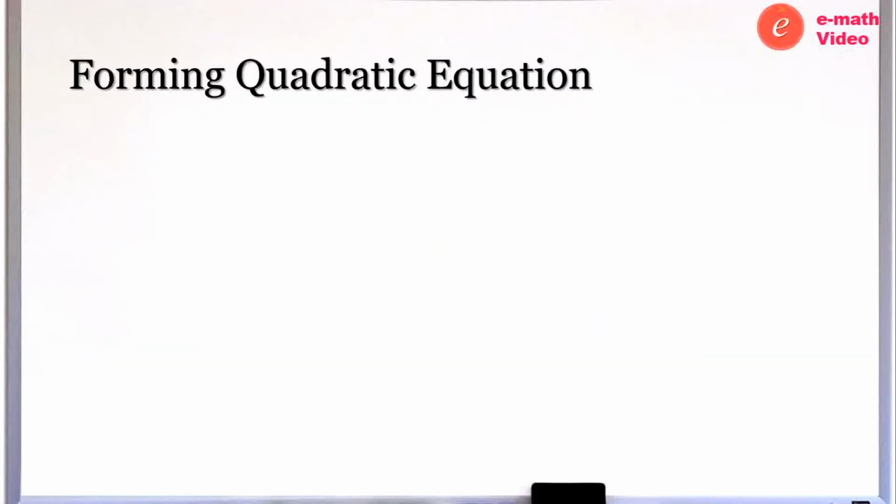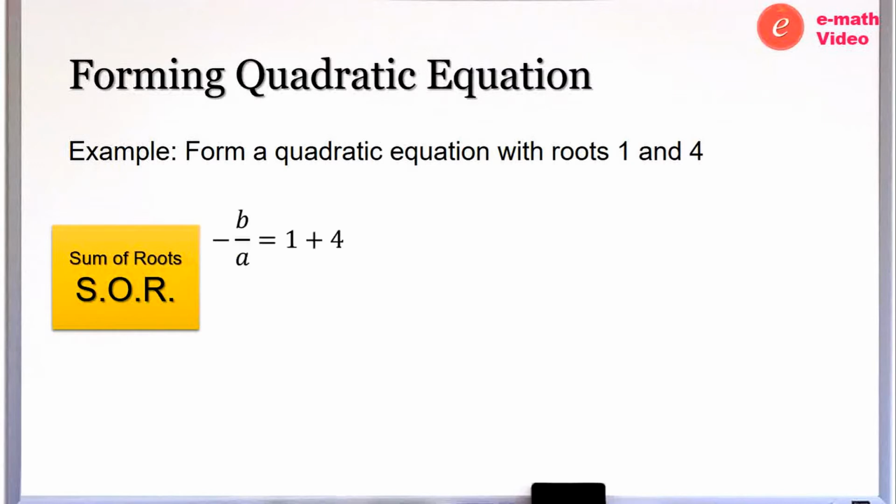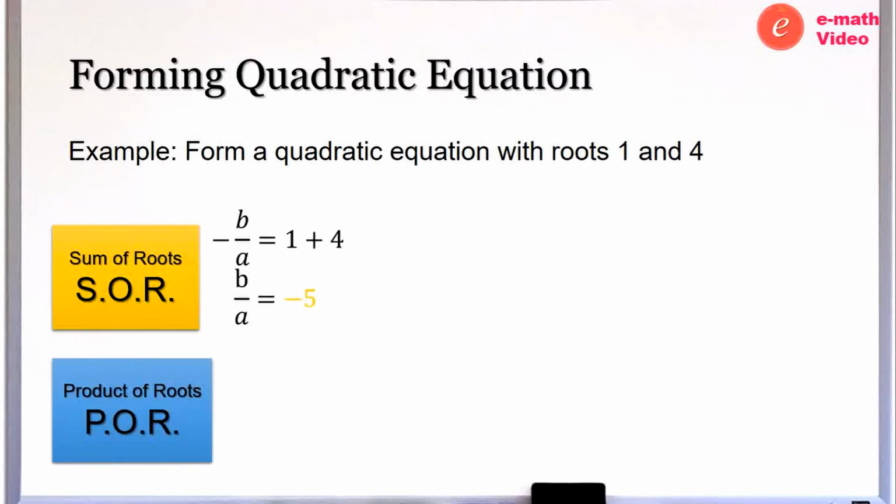With the sum of roots and product of roots, we can form any quadratic equation from the given roots. Let's say I want to form a quadratic equation with roots 1 and 4. For the sum of roots, it's 1 plus 4, which is 5. For the product of roots, it is 1 times 4 equals 4.